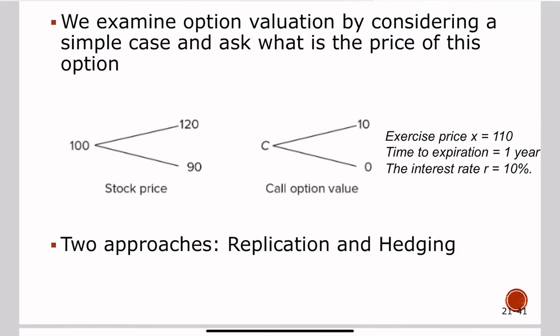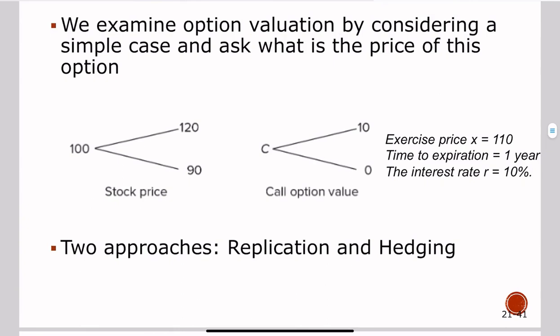So remember, you have a replicating portfolio of delta shares and $B of bond, right? And you want to make sure that this portfolio has the same payoff as the call. So what you can see here is if the stock price is 120, then the value of your portfolio is 120 times delta plus B times 1 plus 10%, right?